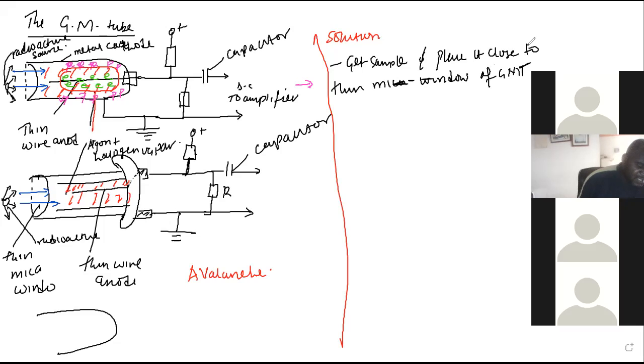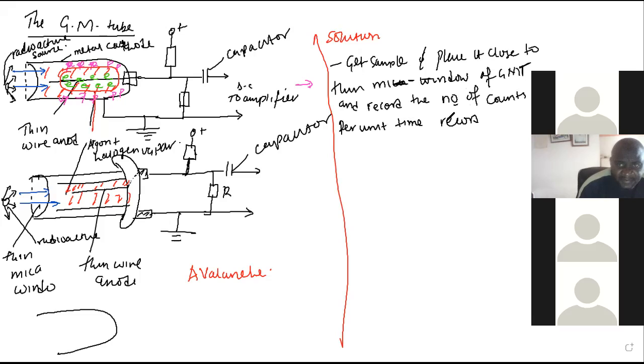And record the number of counts per unit time recorded at different times.